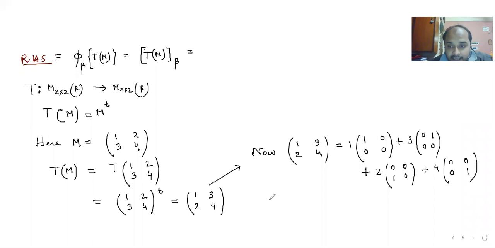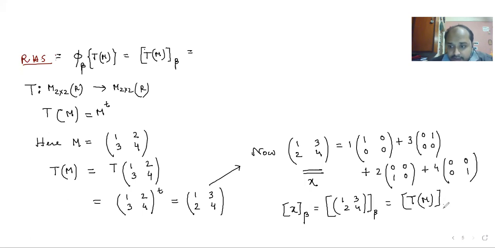Okay, and this is the matrix element. This is actually your X. So X beta, if I consider X beta, this is 1, 3, 2, 4 written with respect to beta, or you can say that is nothing but your Tm with respect to beta.